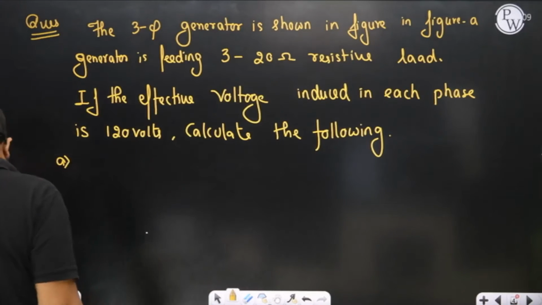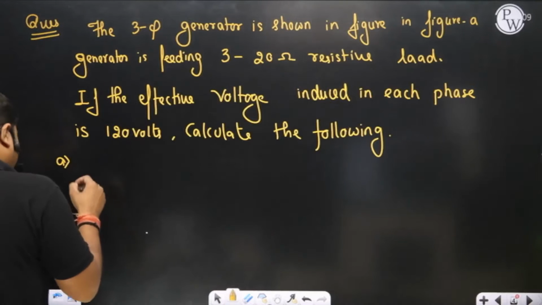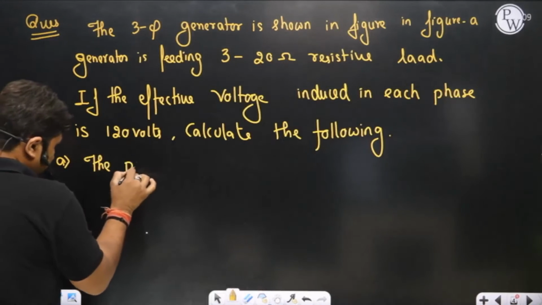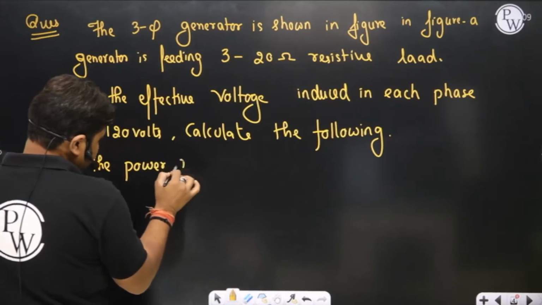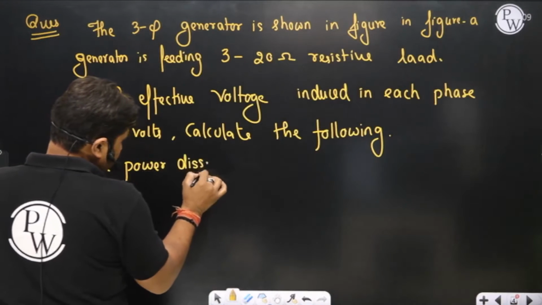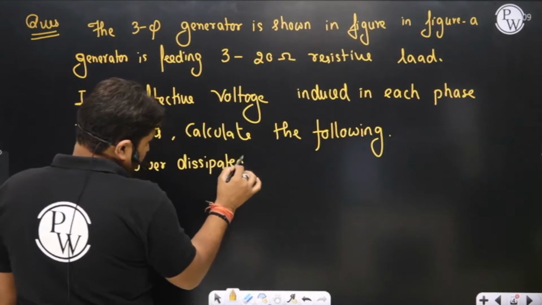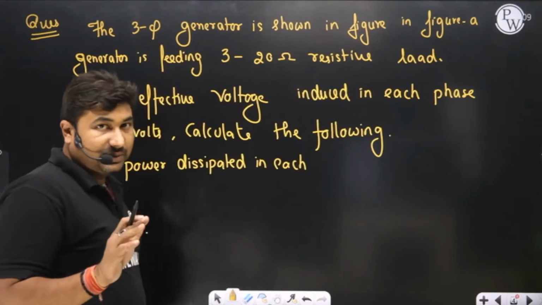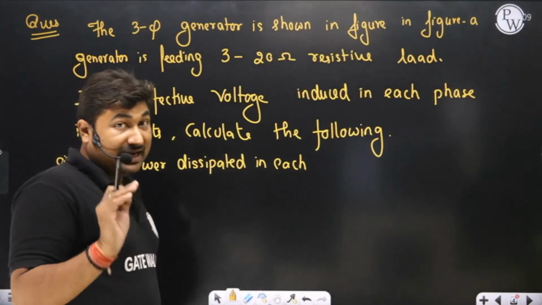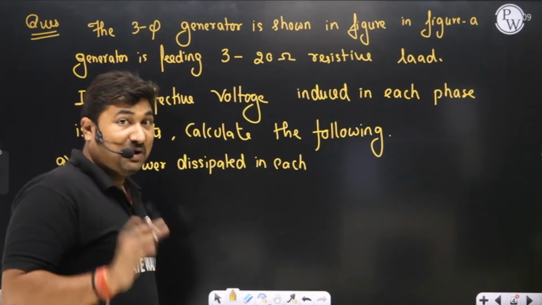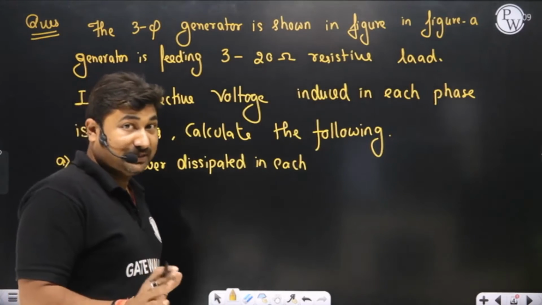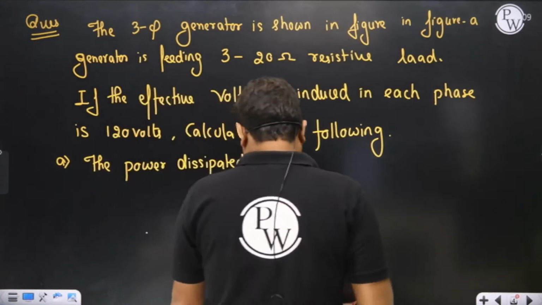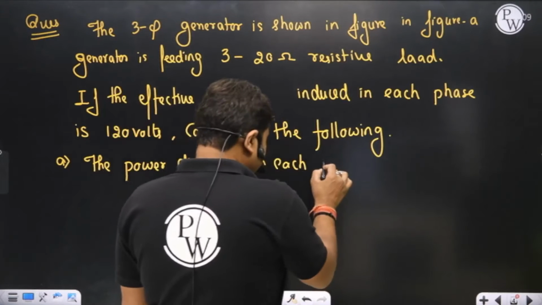First part, the power dissipated in each resistor. This question is going to make everything clear. Whatever doubt you have related to a three-phase system is going to be covered through this question.